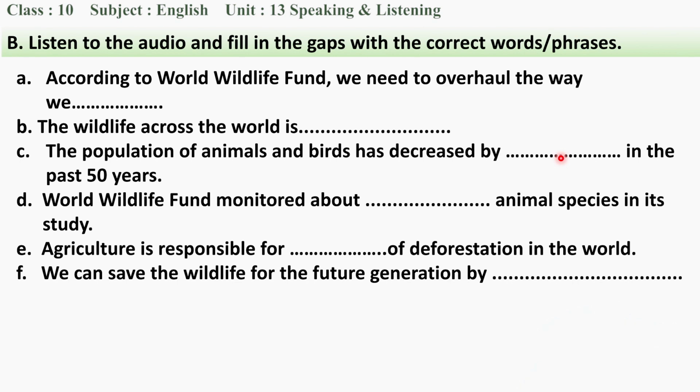A new report from the World Wildlife Fund says that we may need to overhaul the way that we get food in order to save the planet. Ian Lee has more on their findings. From the savannah to the sea, the world's wildlife is under threat. Everything from big game animals and birds to our favorite fish have had their populations decline nearly 70% in the past 50 years. The World Wildlife Fund released the report. When we see this decline in wildlife, we're really seeing an indicator of decline in the overall planet that we call home. The organization monitored nearly 21,000 different species. It says the destruction of habitats, like rainforests, is one of the biggest culprits.